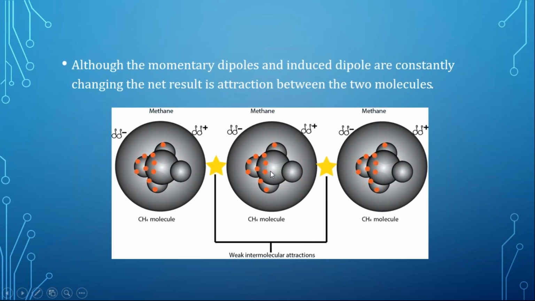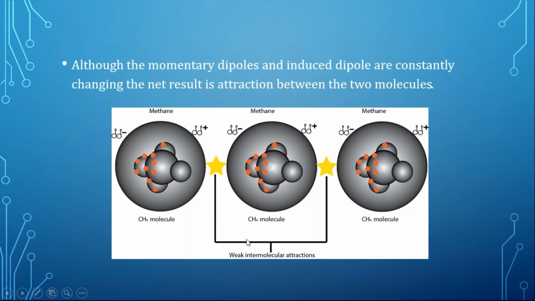The negative end of the dipole tends to repel electrons and the positive end tends to attract electrons. The dipole induces an oppositely oriented dipole in the neighboring molecule. So positive will attract negative, and negative will attract positive. So some attraction will occur, which is very weak.